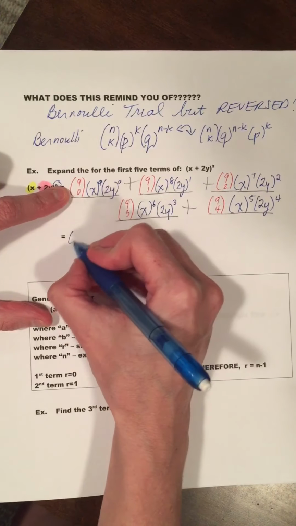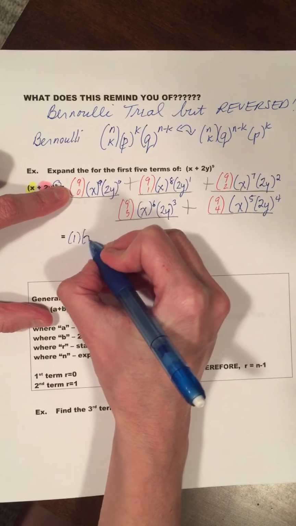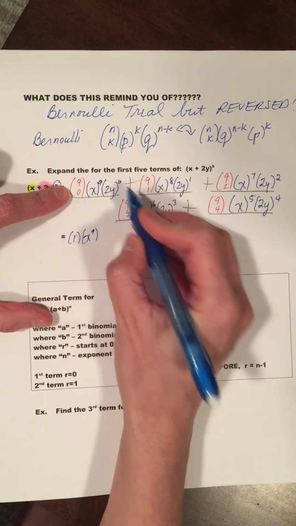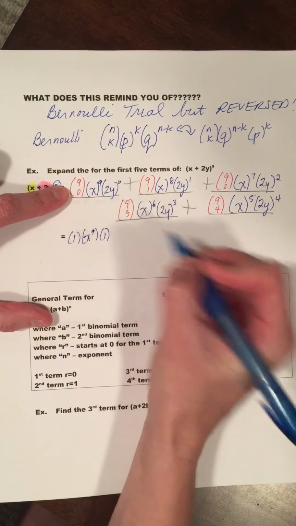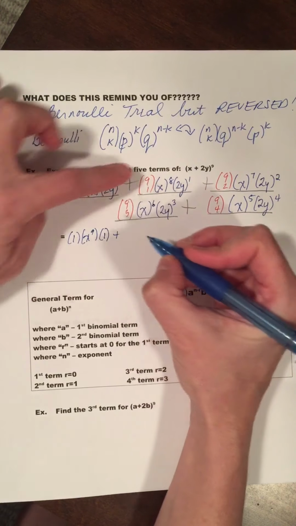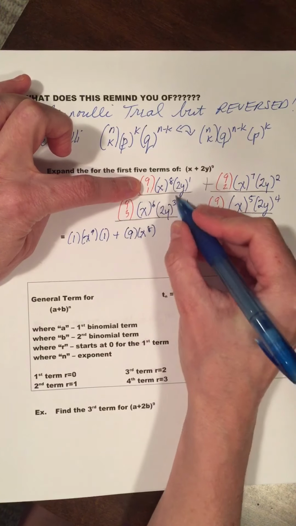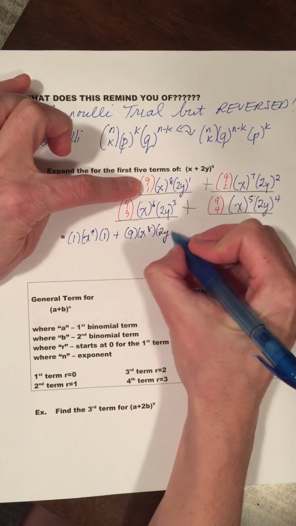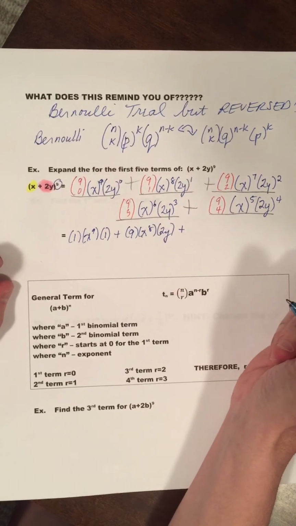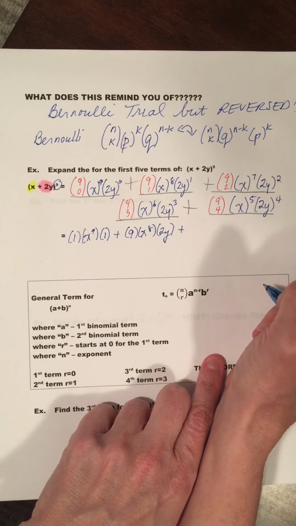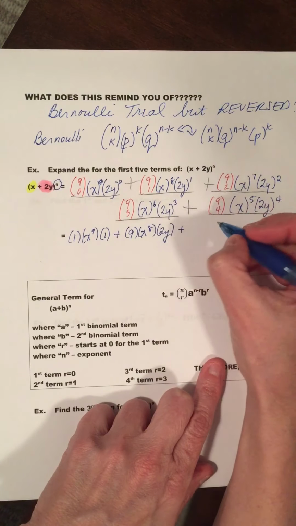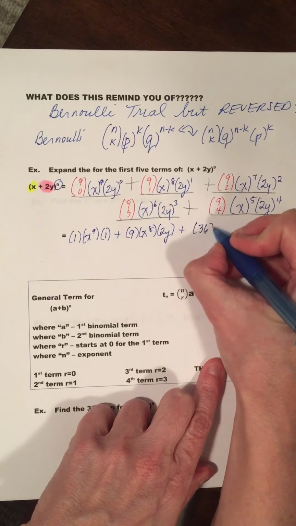9 choose 0 is 1. X to the 9, 2y to the 0 is 1. 9 choose 1 is 9. X to the 8, 2y to the 1 is 2y. 9 choose 2 is 36.